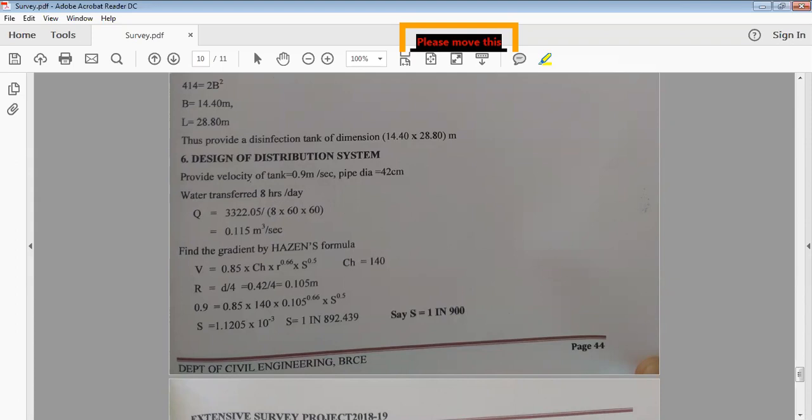We also check how the demand is varying, right? I already told you the design period we take is 40 years, but demand will be varying. After 5 years or after 10 years, what happens? A new industry might come up there, or the way of life might change. So the demand always changes.